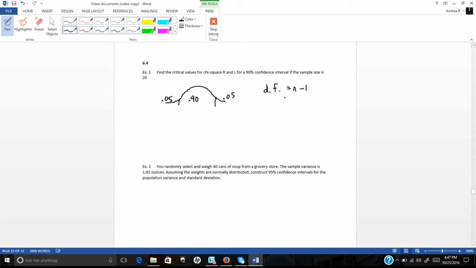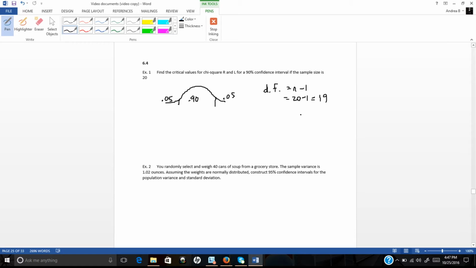So in this case, our degrees of freedom is 20 minus 1, which gives us 19 for our degrees of freedom. And then we also have to use our values that we had here. We have the 0.05 along with the degrees of freedom of 19 will give us one of the values.